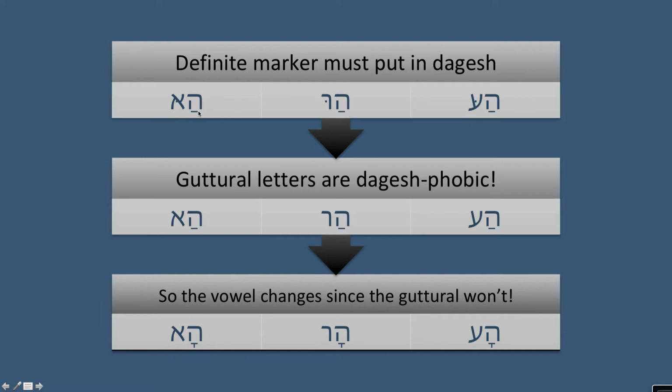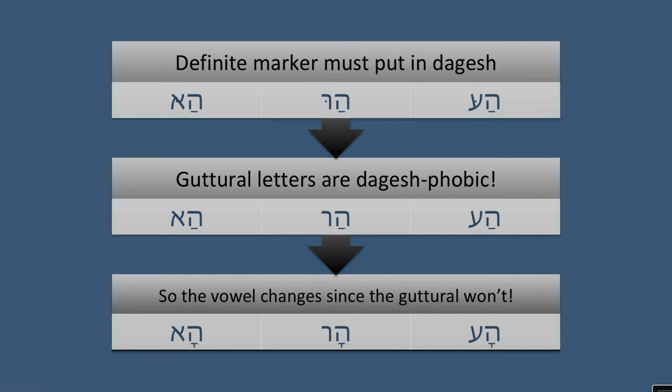Or hey, patach, aleph with a dagesh. Now, here's the problem. Guttural letters are dagesh phobic. They are very strongly non-assimilationist, and so they will refuse to take the dagesh.